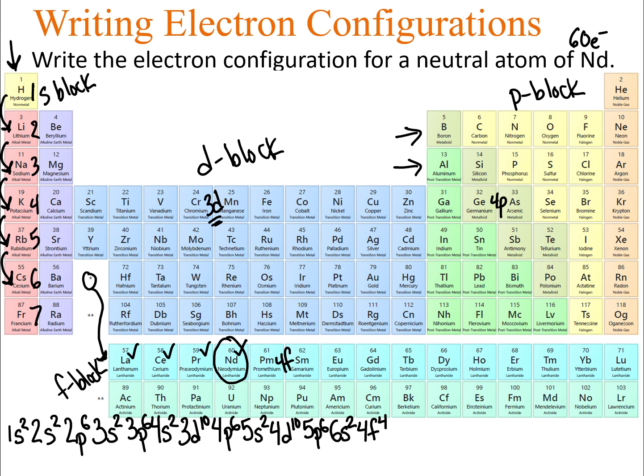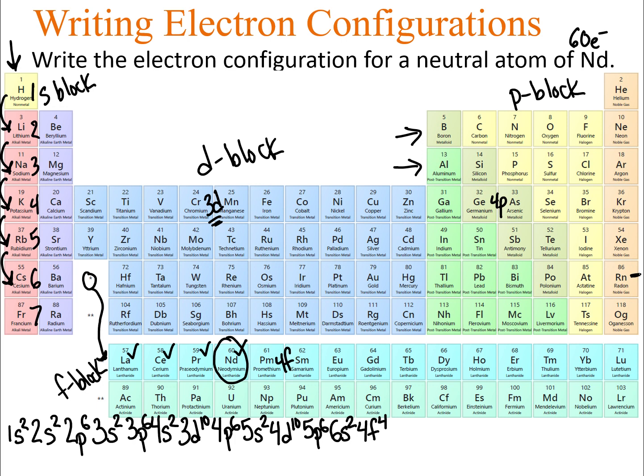Let's write the noble gas, or the abbreviated configuration. You might be mad at how much quicker it is, but believe me, you need to understand the full electron configuration before you can appreciate and understand what the abbreviated form really means. We are in row 6.